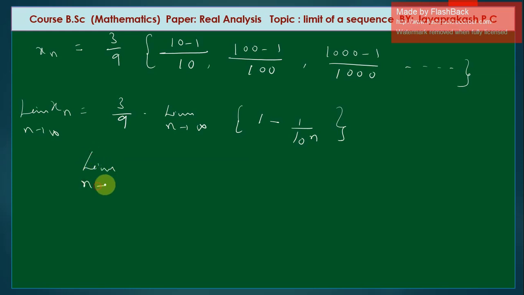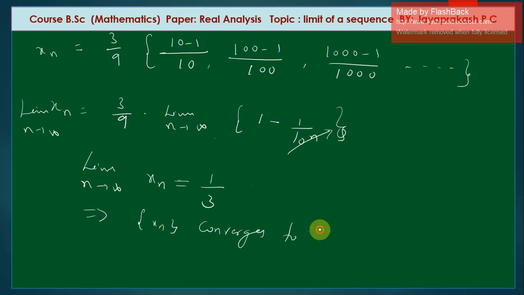So the limit as n tends to infinity of xn is equal to 1 by 3, as this term becomes 0. Therefore the sequence xn converges to 1 by 3. This is a type 2 example.